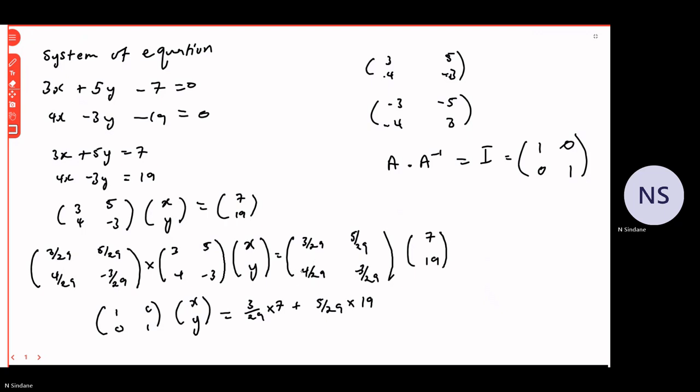And then I still have my 4 over 29 multiplied by 7 plus negative 3 over 29 multiplied by 19. Right? So you'll see that it must give us a 2 by 1. The solution must give us a 2 by 1.